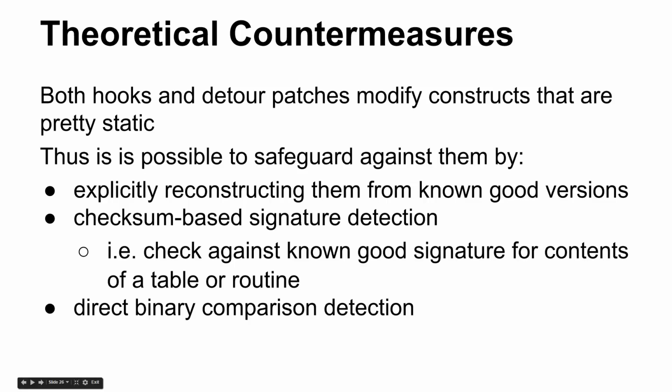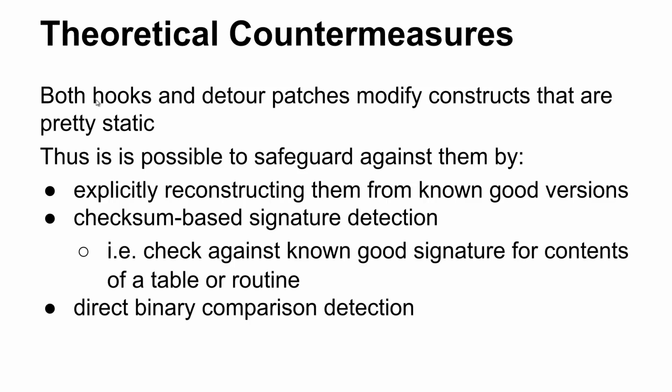Now, for some theoretical countermeasures, in essence, both hooking and detour patching techniques modify constructs, either call tables or descriptor tables that are pretty static, or the text segments that contain the binary code, which almost should never be edited.